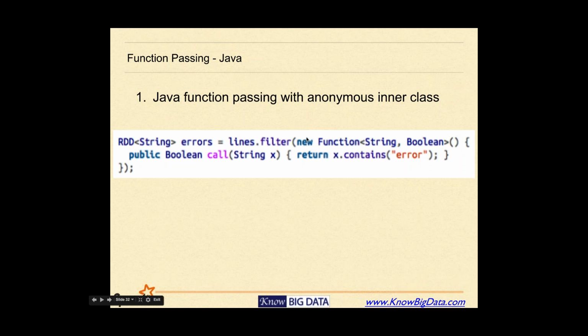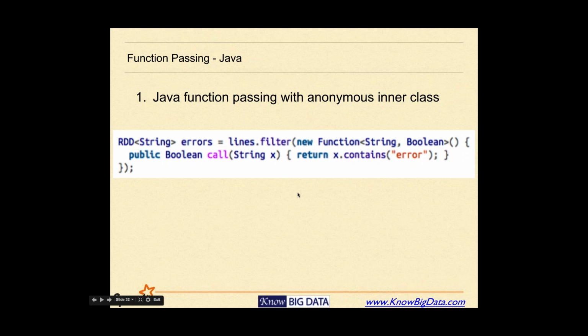It's like saying extend this class, Function, and then create a new instance of it. And right here we are writing the function definition while extending this Function class anonymously. We are saying public boolean call. This is the function which we are overriding, and the definition of call is return x dot contains error.